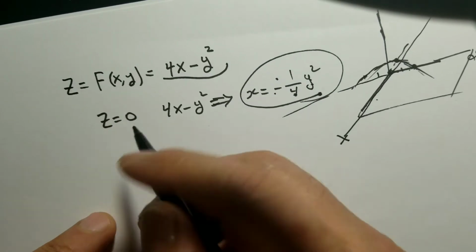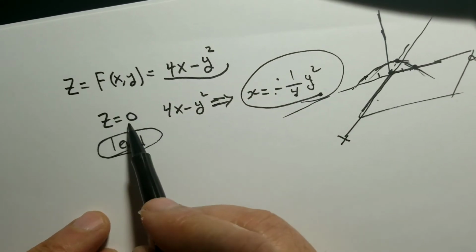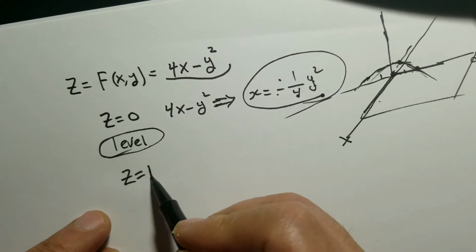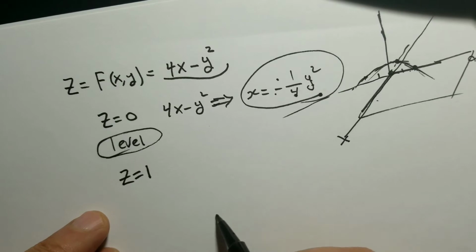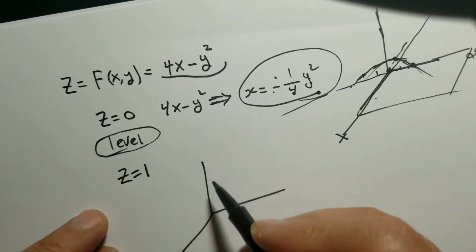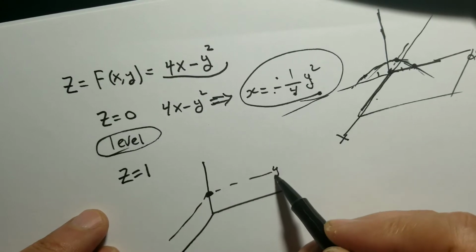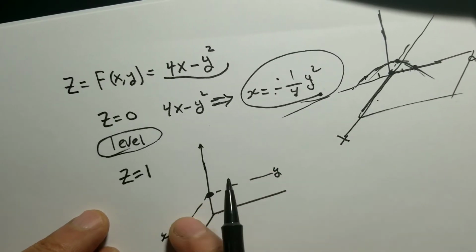The level curve. Why do they call it a level curve? Because you are working at ground level. What happens if z becomes equal to 1? You go 1 foot above the ground, and you're going to graph your y-axis, x-axis and z-axis, and you're going to do another plane curve.